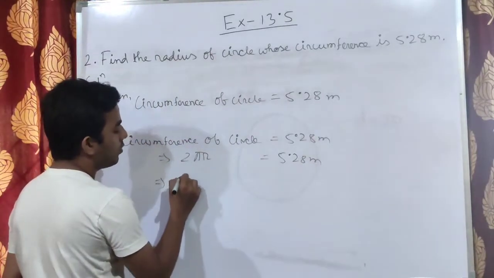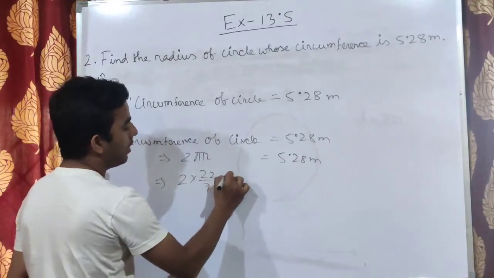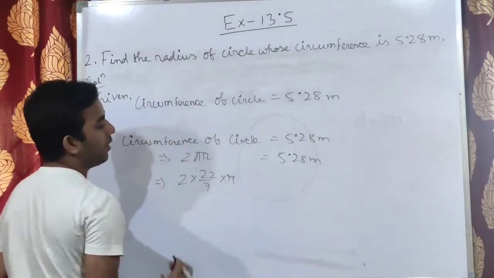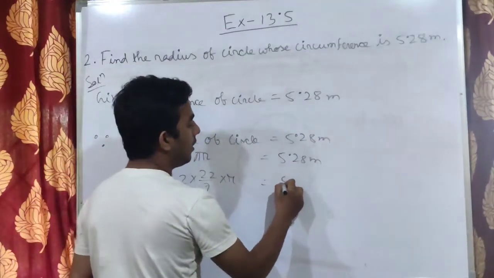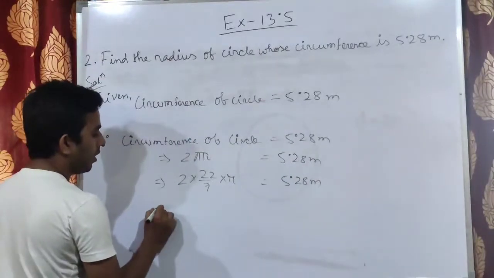Then value of 2 is 2, value of pi is 22 by 7, and r we have to find, so we will write r equals 5.28 meter.